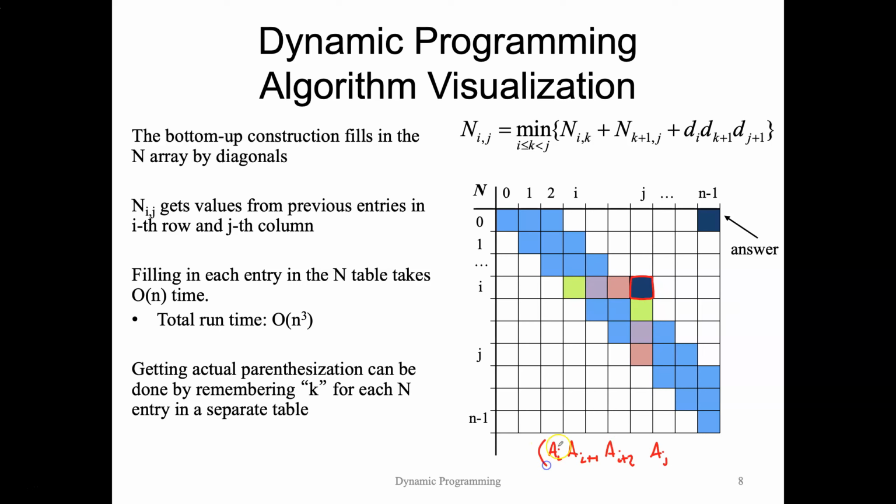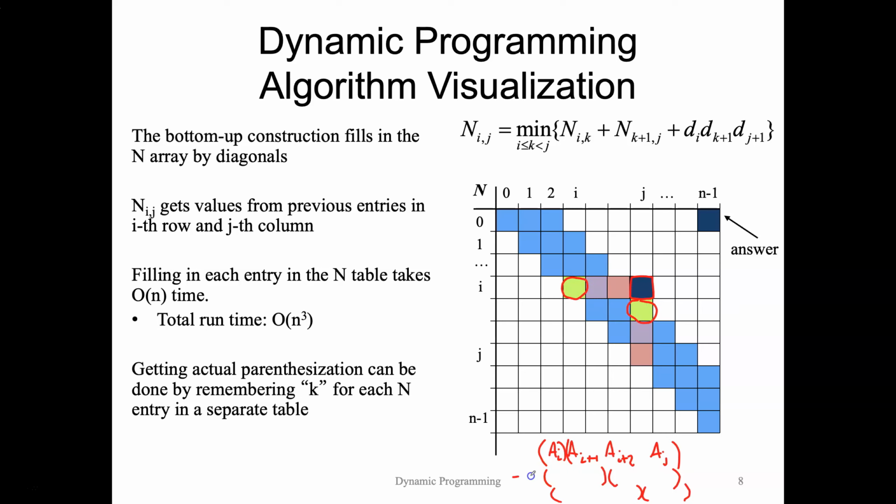Either we do our last multiplication here, right after a sub i, or we do it here, or we do it here, right after i plus 2. So those are the options that we have. And this corresponds to the previous cells that we've got here. If we split at a sub i, then this is the cost to form the left matrix, plus this is the cost to form the right matrix, plus we still have to add the product of the dimensions.